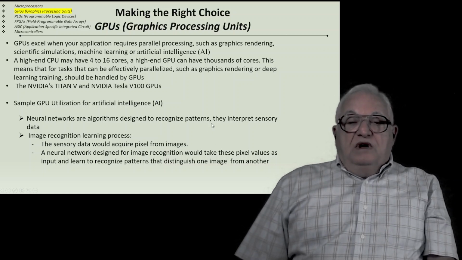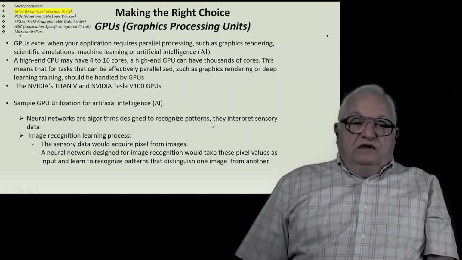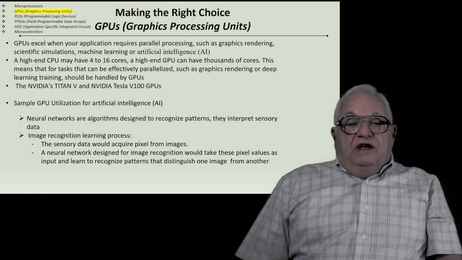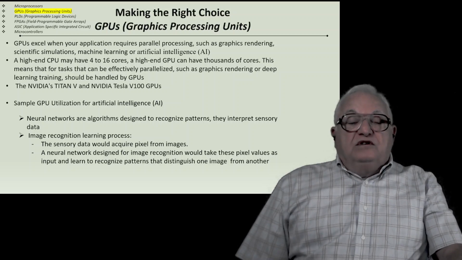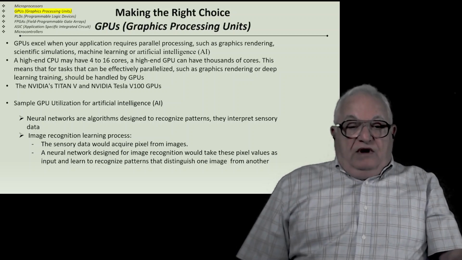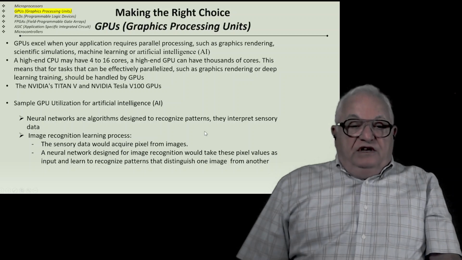So let's assume you have a self-driving car. The first step would be to teach the system what the cars look like, what the traffic looks like, and what the environment is going to look like as it drives. So that's the learning phase.